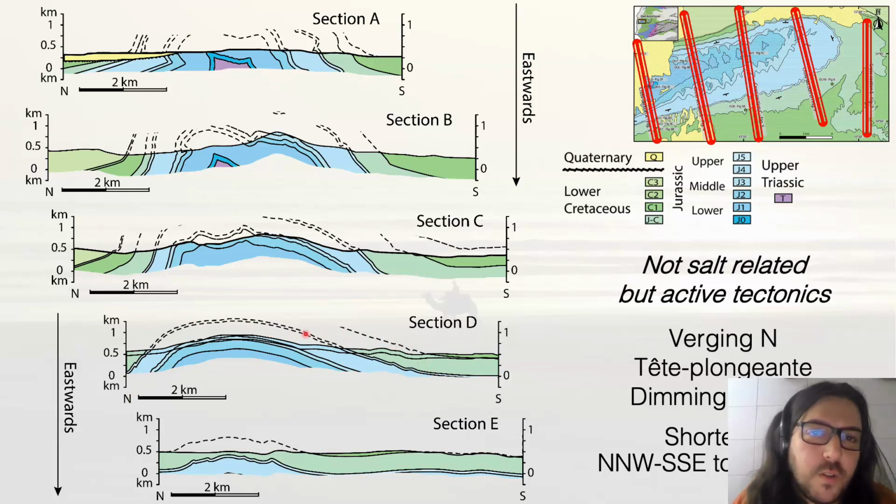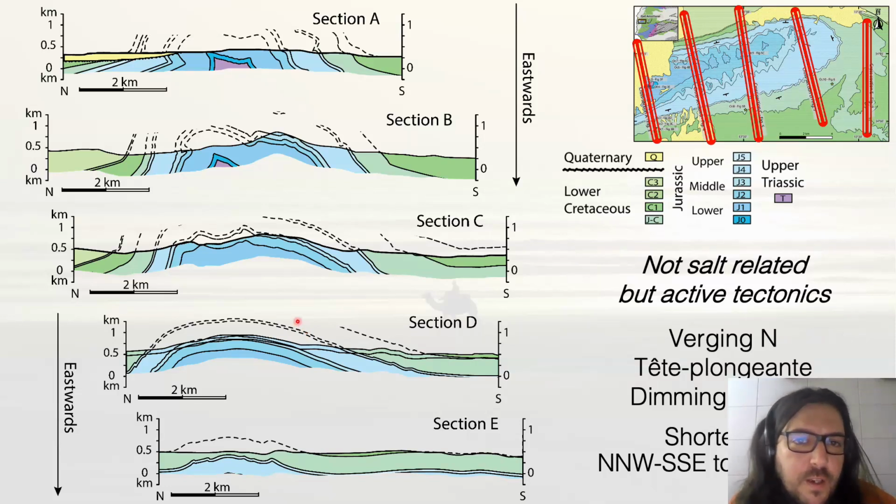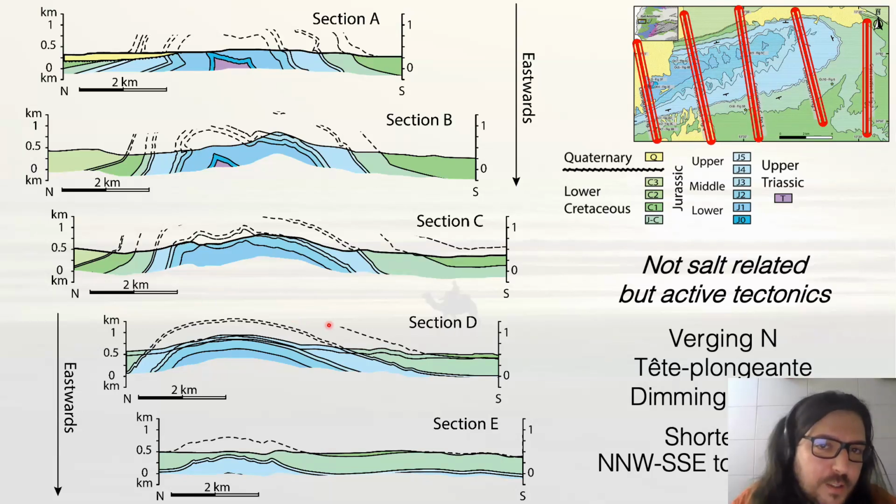Here the salt deformation is barely noticeable, and the northern limb shows no overturned layers. The layers along the limbs alternate between sectors of constant dip and others where they vary in a progressive manner.